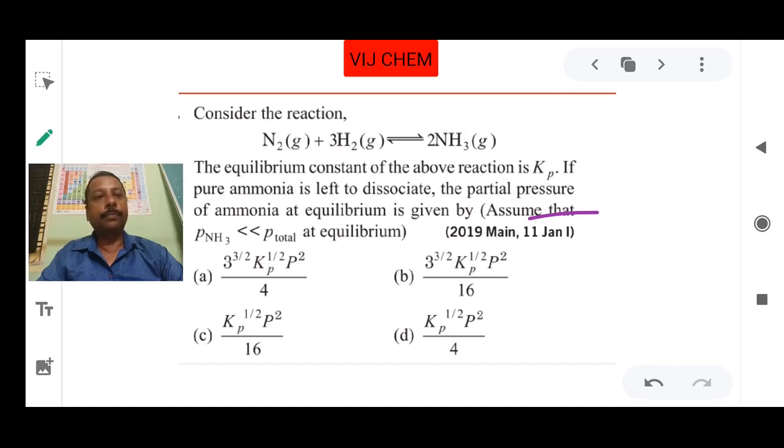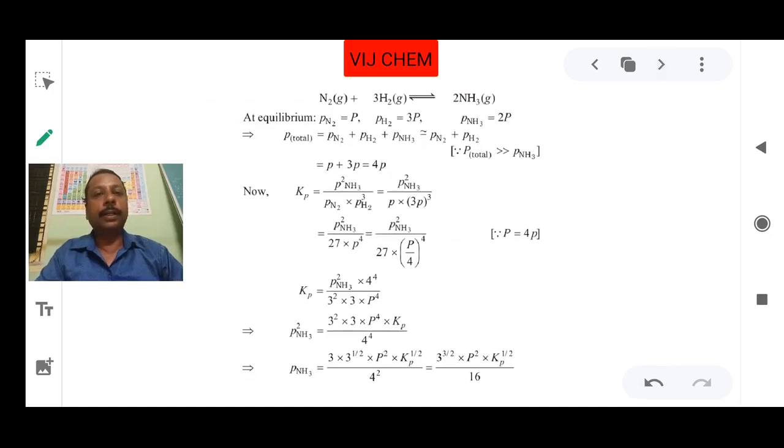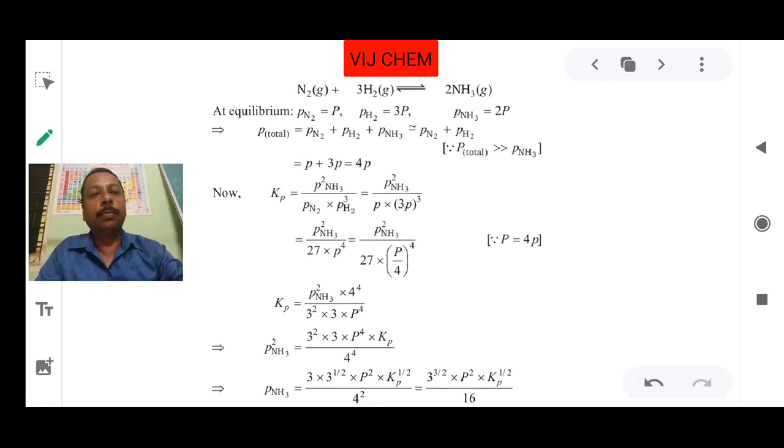Stop. Here is the explanation. N2 plus 3H2 gives 2NH3. In this one, partial pressure of N2, if I am taking P, then partial pressure of H2 is going to be 3P, because this coefficient is 3.